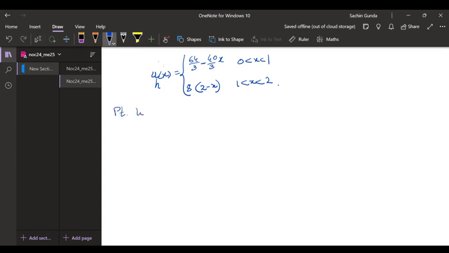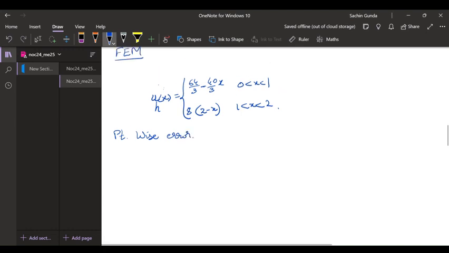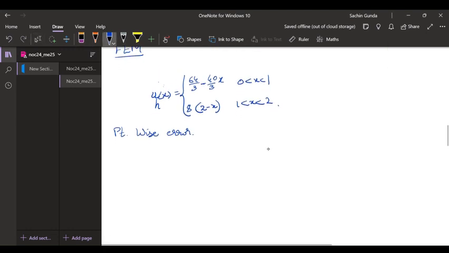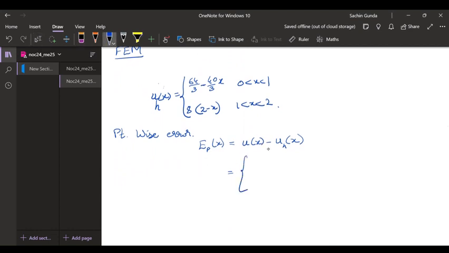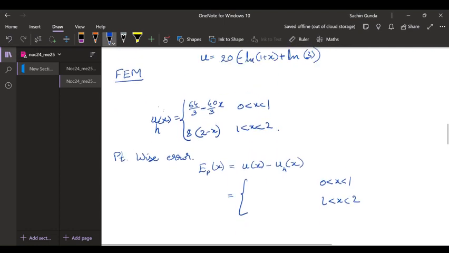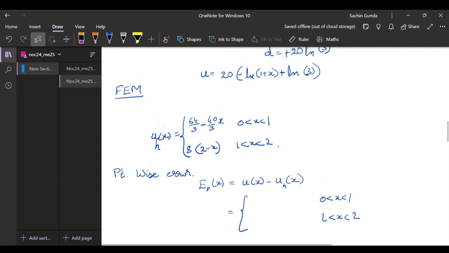Pointwise error. It is just the analytical solution minus the FEM solution. So in this case we will have 2 pieces, that is from 0 to 1 and from 1 to 2. And this is the analytical solution.